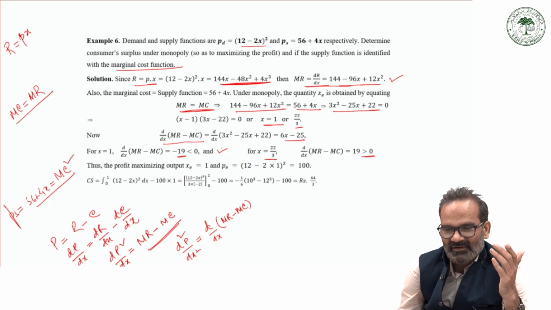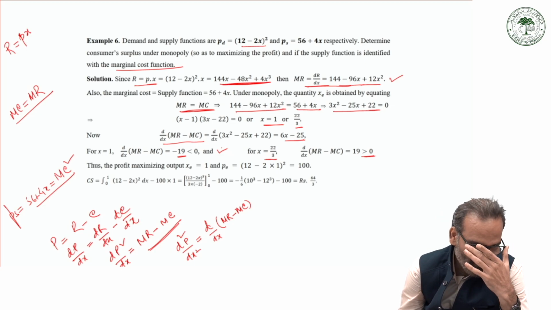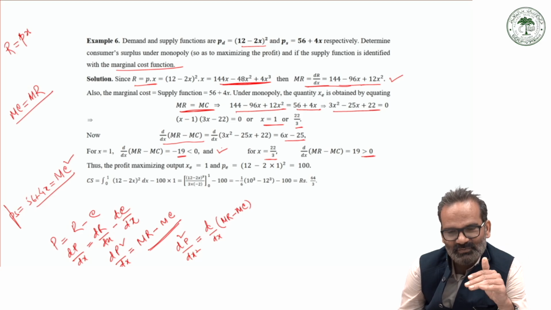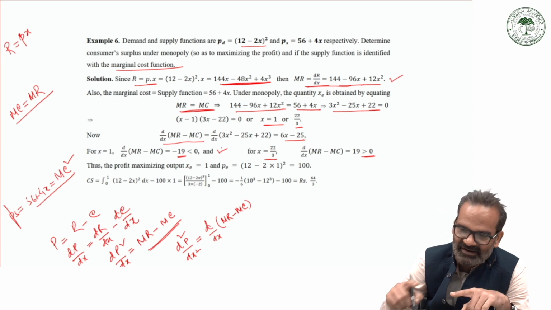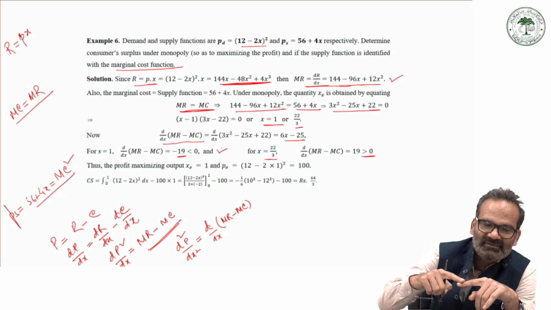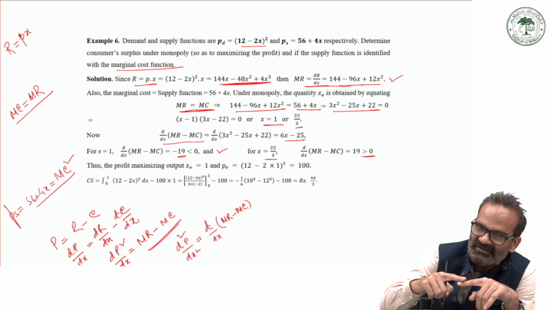The basic condition for maximization is what? dy over dx should be 0. You will get some stationary point, and then find out the second derivative. If the second derivative is negative for any stationary value, then that stationary value will give you the point of maximum. Clear?